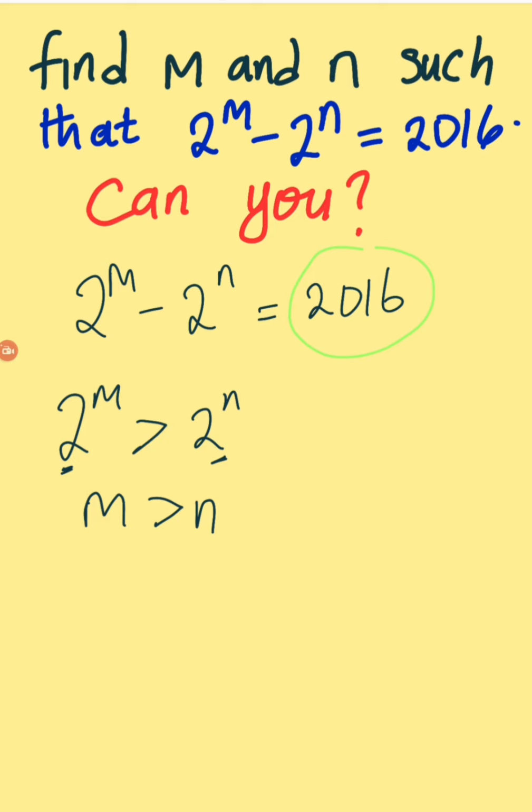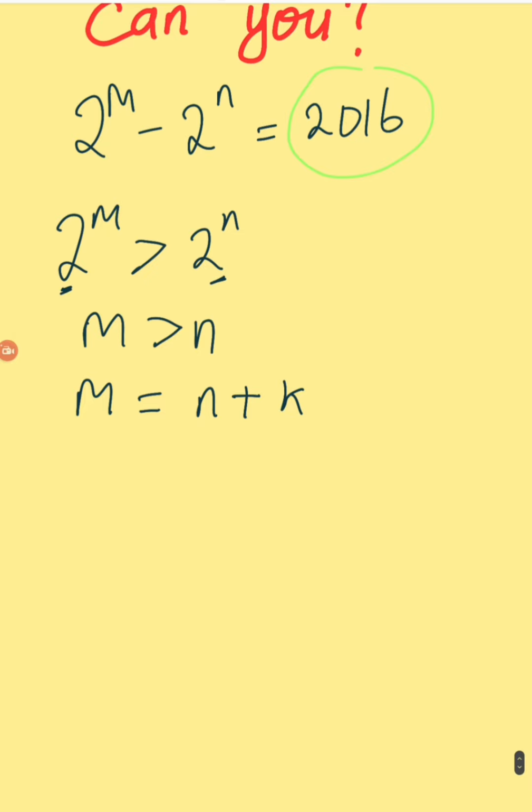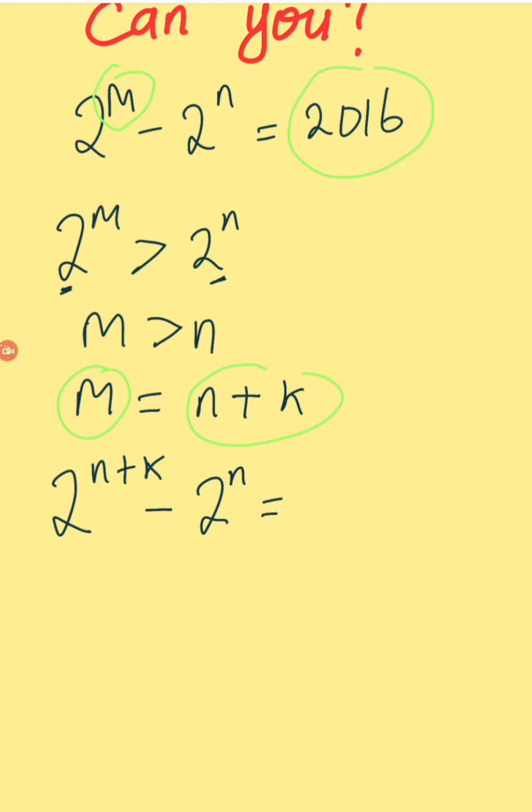So if we want to make a value for m, it means that m should be equal to n plus a certain number, let's say k. Since m is greater than n, if we add something to n, it will be equal to m. Then we can write 2 to the power of n plus k, take away 2 to the power of n, is equal to 2016.